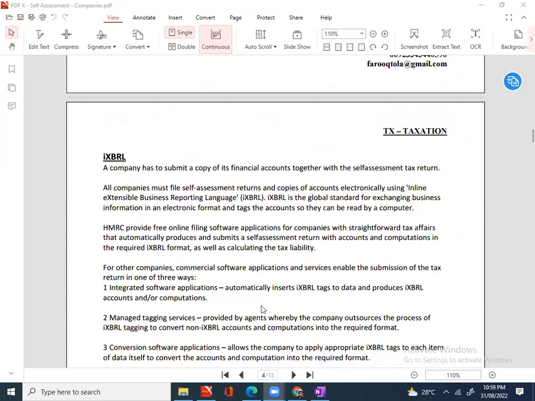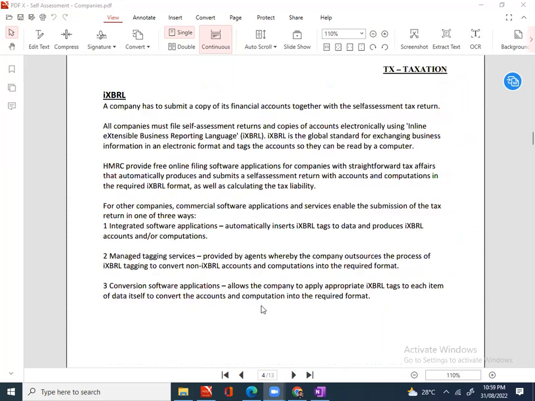Got it? If you are using a computer and if you are a programmer, how will you program it? That is, in order to submit the returns, there should be a link, there should be a language which supports the tax return submission.